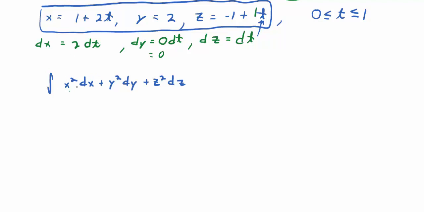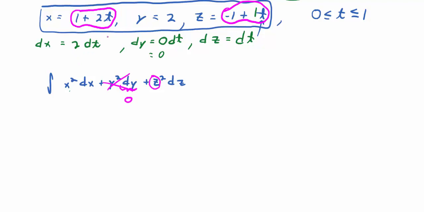So x squared, what am I plugging in for x? 1 plus 2t, and then I'm going to square it, aren't I? And then what am I plugging in for y? Does it matter? No, because dy is 0. So this whole piece is going to zero out. Don't even look at it. Then what am I plugging in for z? -1 plus t. And then for dz, dt, and then for dx, I forgot to say I've got to plug in 2 dt.